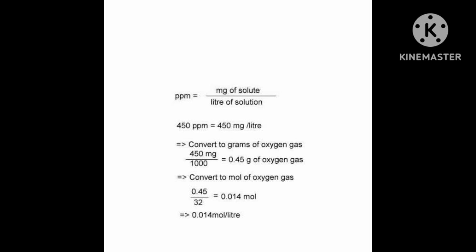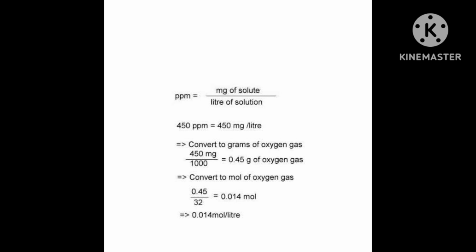Suppose 20 parts are there, then those 20 parts have some mass. This is the formula, but you can express it as mass by mass, volume by volume, or mass by volume.